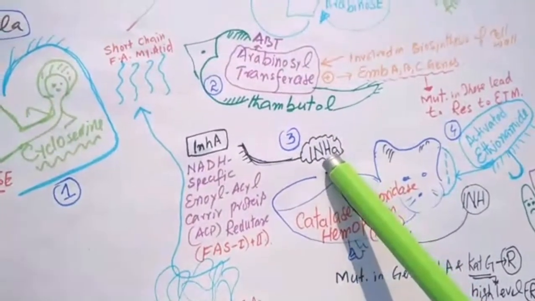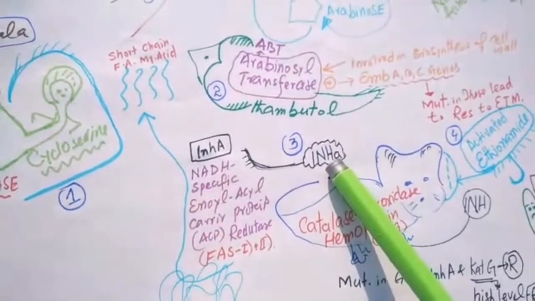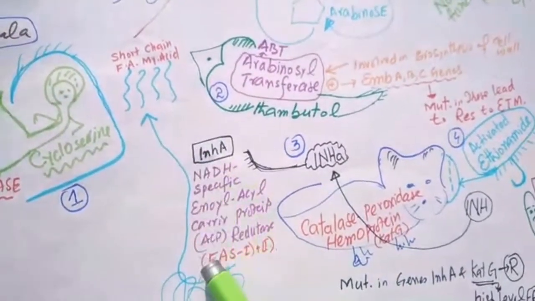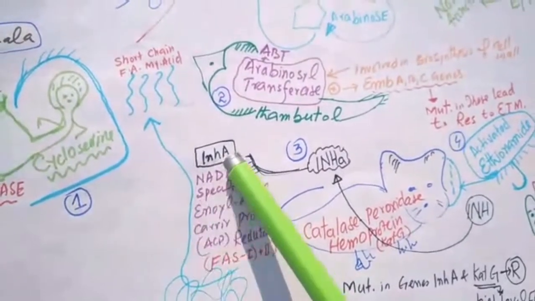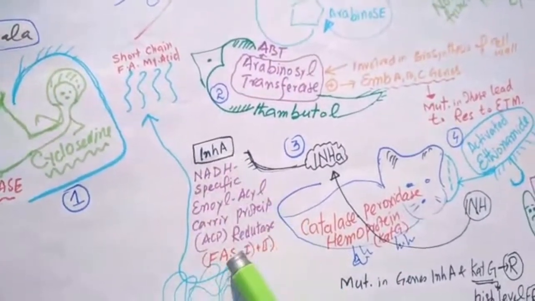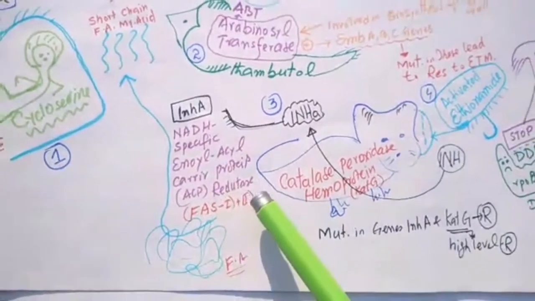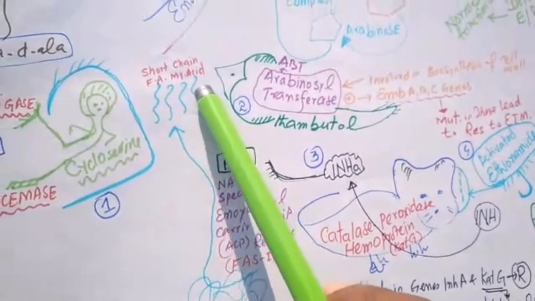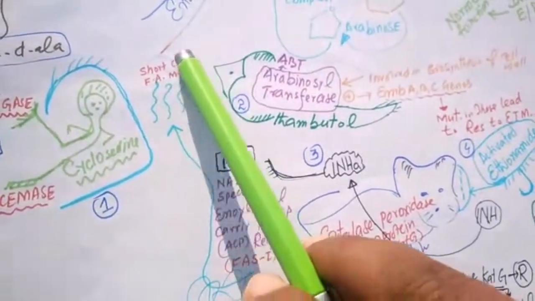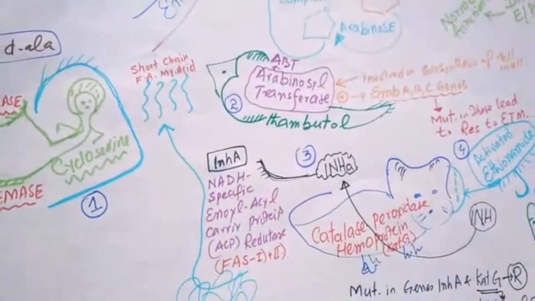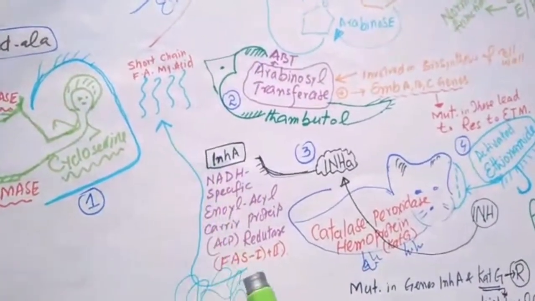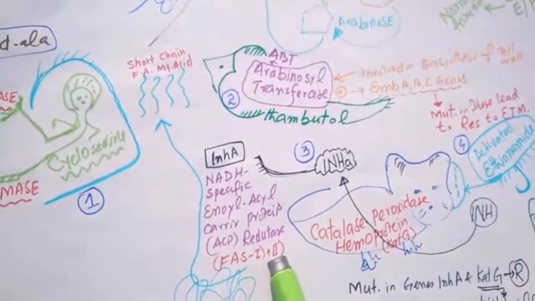So the activated INH inhibits these enzymes, which convert fatty acid into long chain fatty acid, which is known as mycolic acid. This process is also due to fatty acid synthase 1 and 2 enzymes.